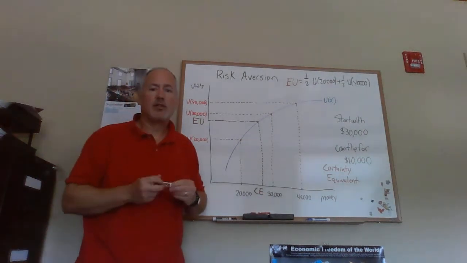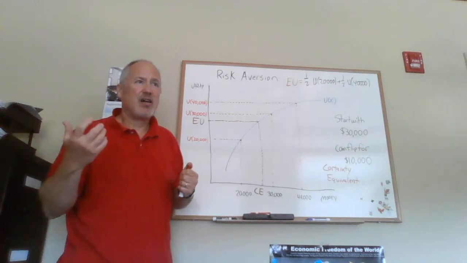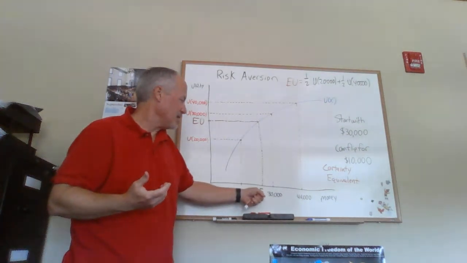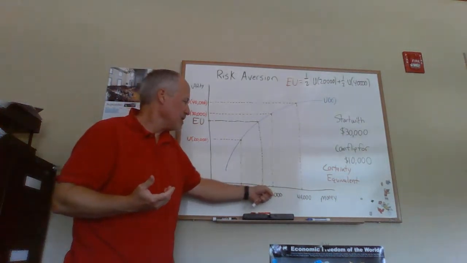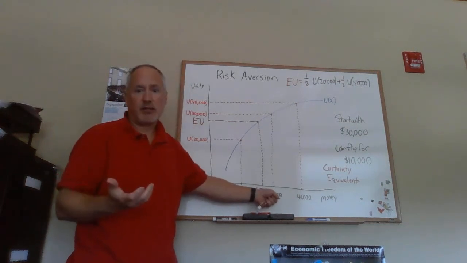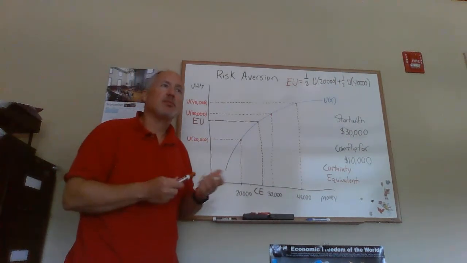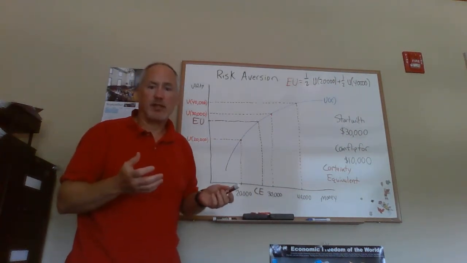The certainty equivalent turns out to be important because it's like the dollar value of this gamble. The difference between our expected value, the $30,000 that you start with, and the certainty equivalent is going to tell us your willingness to pay for insurance against this type of loss.